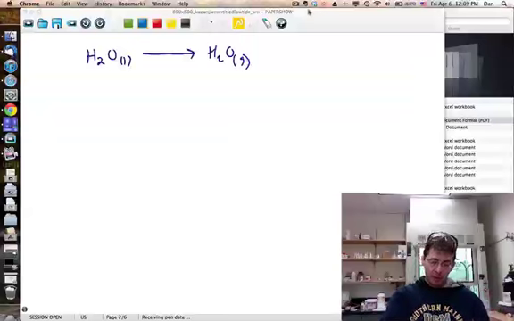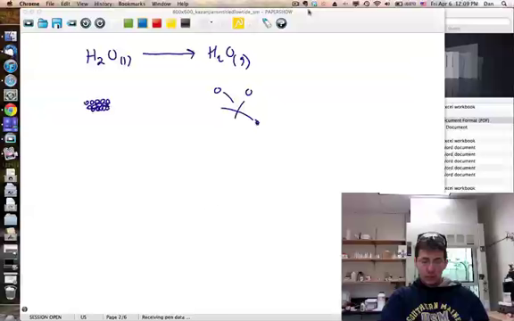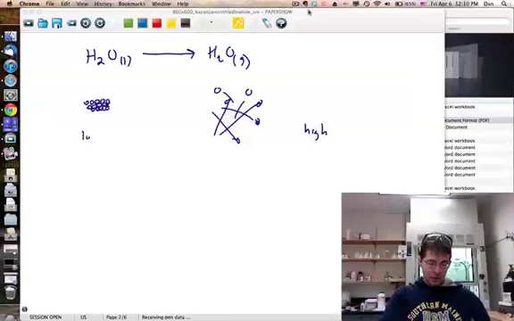Well, we have water as a liquid, relatively dense, with water molecules in close contact, whereas in a gas, we have water molecules spread out. So within the same unit of volume, there are many more positions for the water molecules in the gas. We would say that this has a high entropy, this has a low entropy.